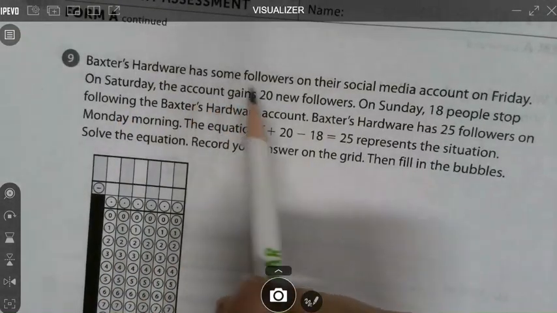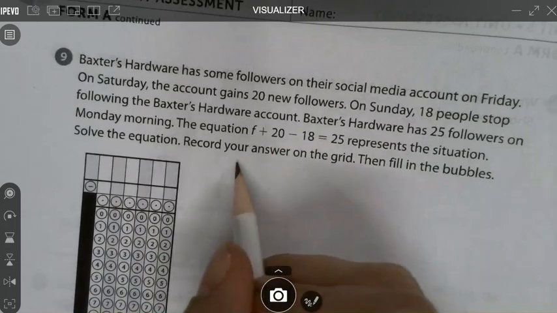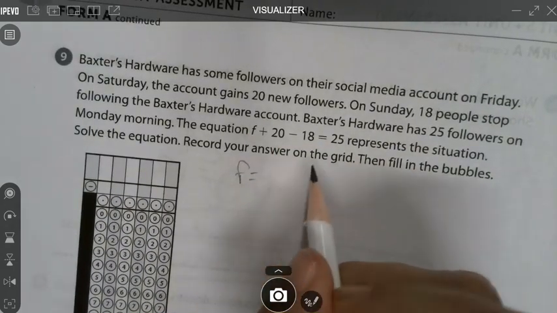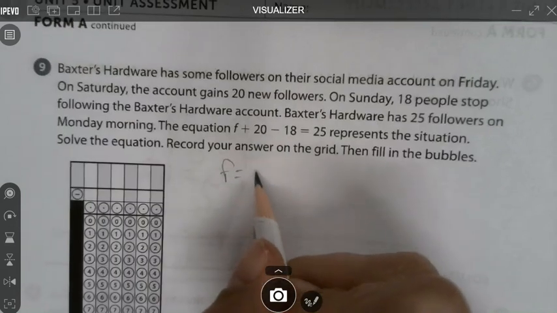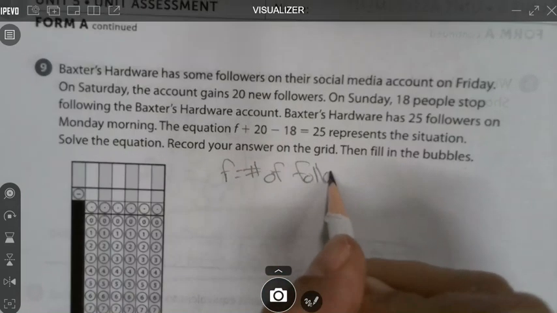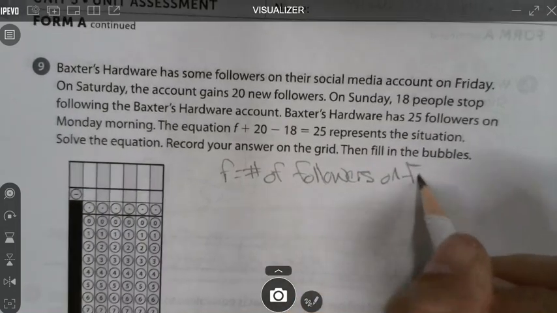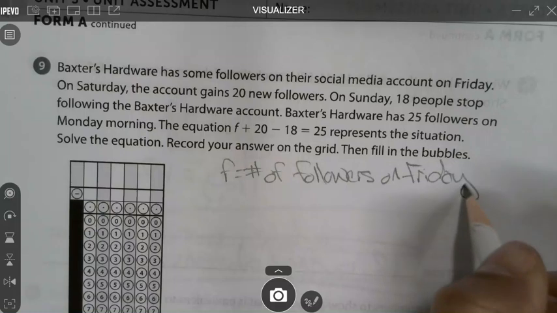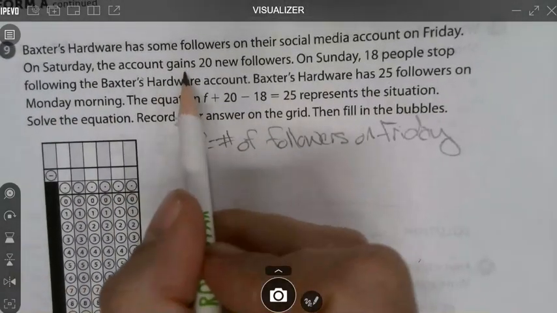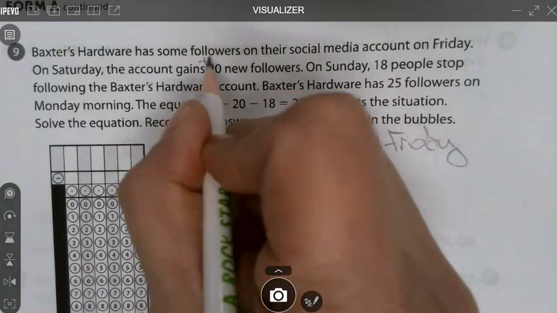Baxter's Hardware has some followers on their social media account on Friday. So let's do F, meaning the number of followers on Friday. On Saturday, the account gains 20 new followers, so that would be a plus 20 gains.